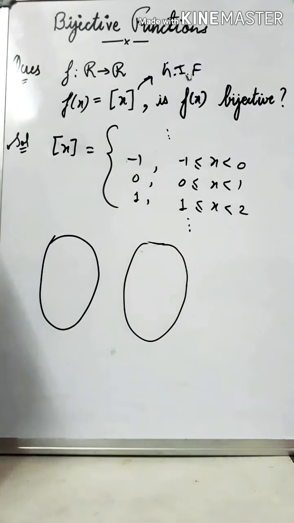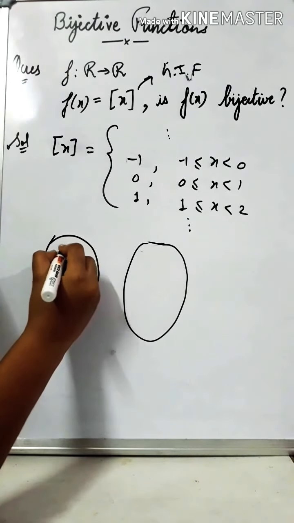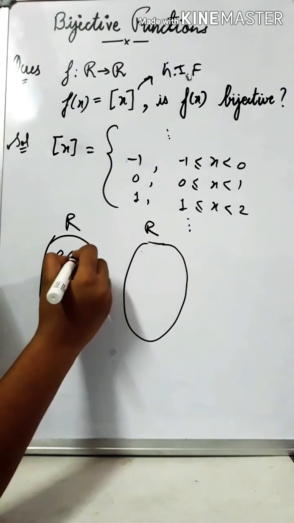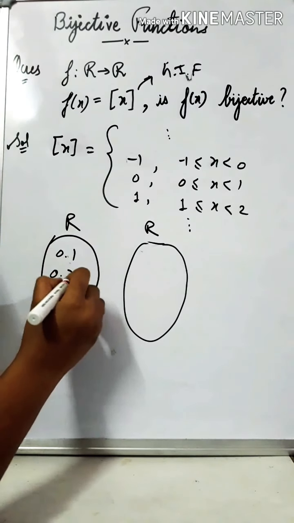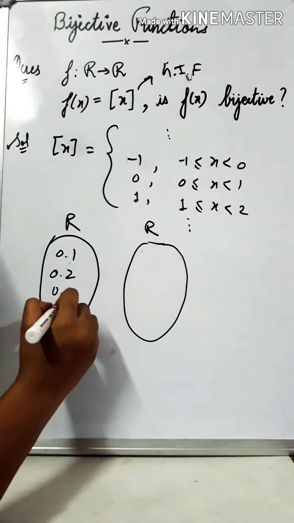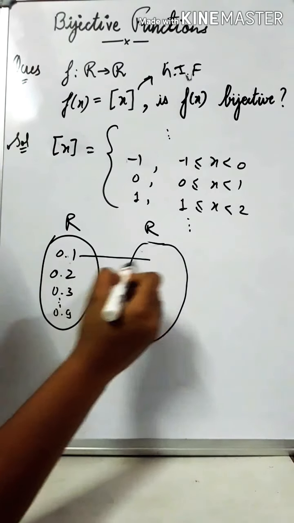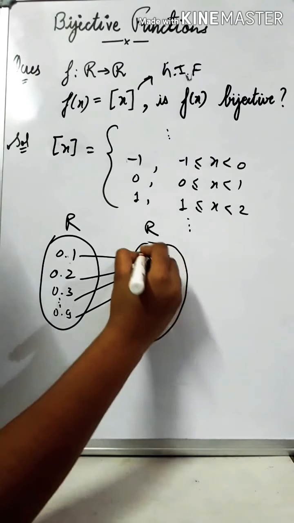You see, suppose it is 0, this is a set of real numbers, this is also a set of real numbers. Suppose it is 0.1, suppose this is 0.2, 0.3 up to all 0.9. What you are going to get, all of them are going to be mapped to 0 only, right?